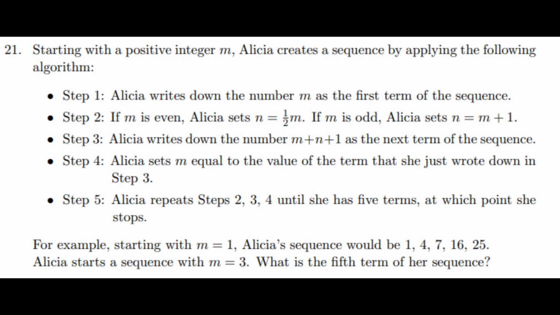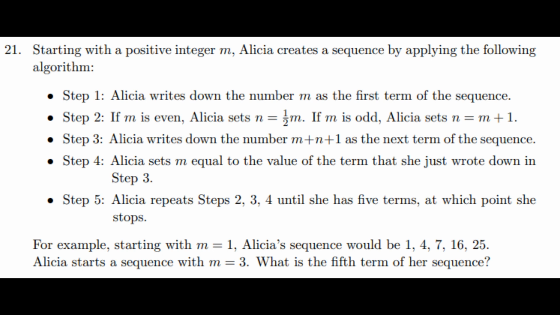Alicia sets m equal to the value of the term that she just wrote down in step 3. Alicia repeats steps 2, 3, and 4 until she has 5 terms, at which point she stops. So for example, starting with m equals 1, Alicia's sequence would be 1, 4, 7, 16, 25.